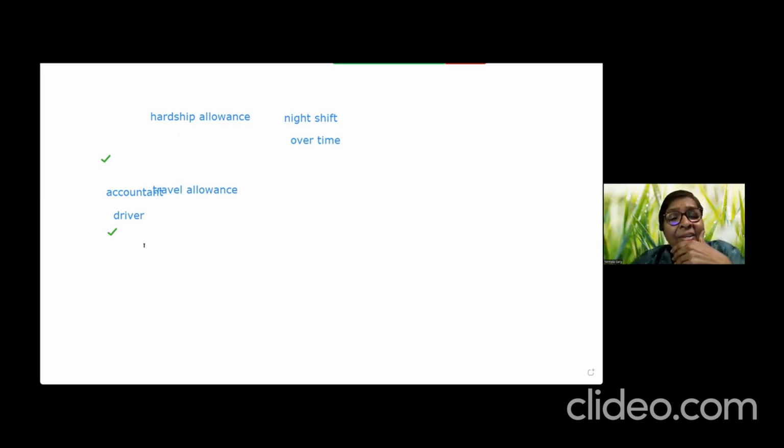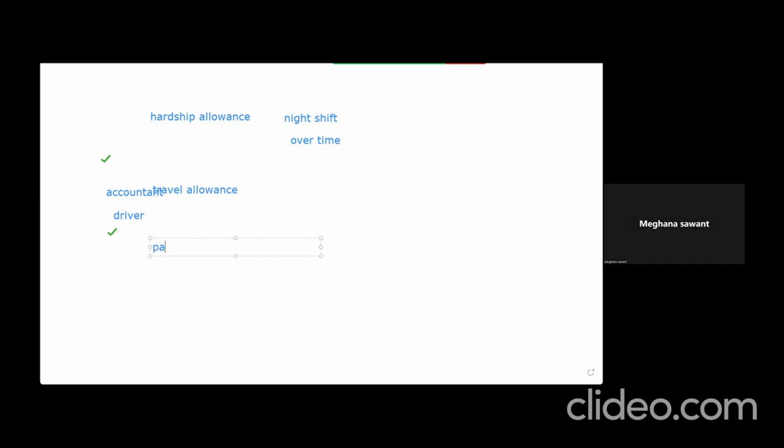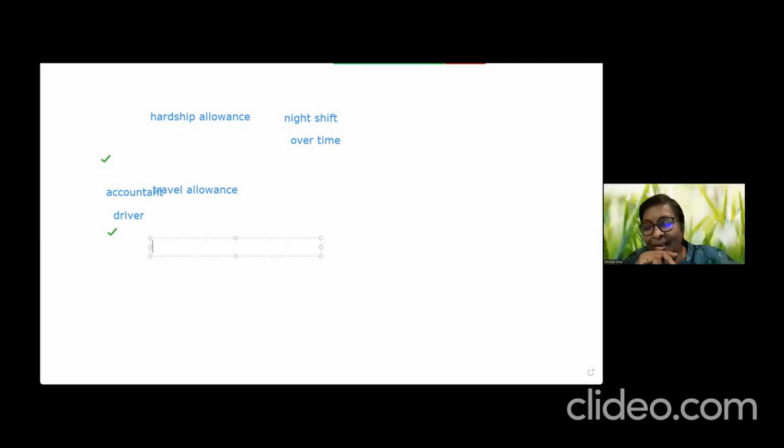Now, the next thing is something called, Ma'am, I have a question. Where does the location allowance sit? Would that also fall under hardship allowance? Like somebody's transferred from one location to another, subject to the person being there for a few months. Once he goes back to his parent location, it stops. There are two ways of looking at it.